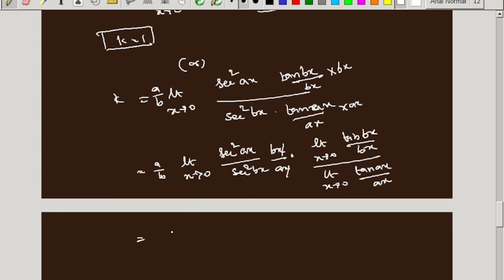Now if we apply 0, secant 0 is 1, cos 0 is 1, reciprocal also 1. So 1 dividing by 1 into b by a. So b by a gets cancelled. We get k equals 1. So we can solve the problem like this also.